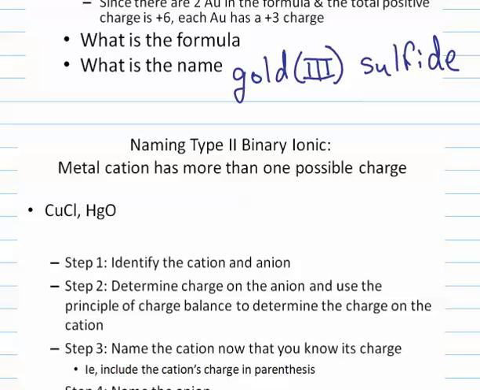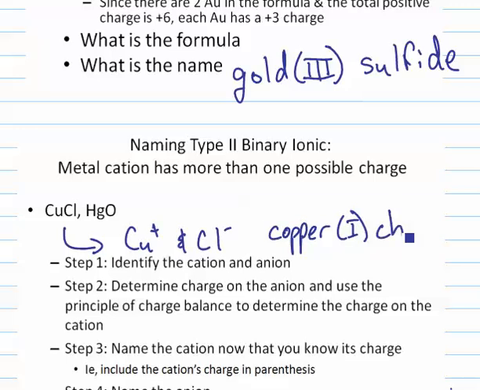So we are going to name that ion simply by naming the metal followed by a Roman numeral indicating its charge. With a +1 charge, this is Cu+ and Cl-, and we will name this copper(I) chloride.